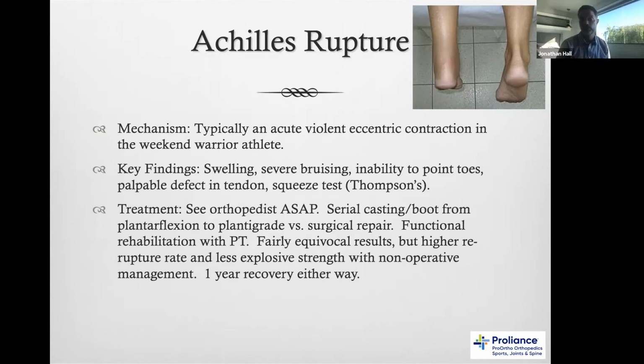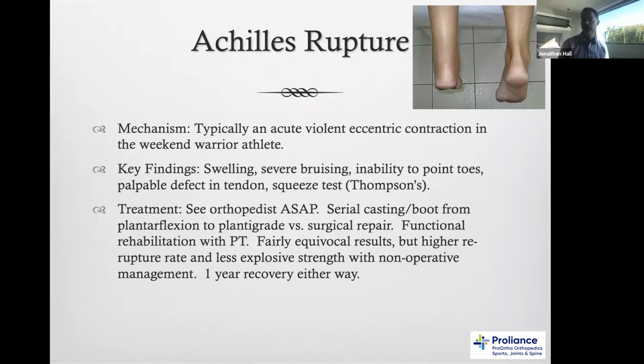I always think about one of my family friends way back when, who was pushing his car up a hill. Probably needed a little more help, I would assume. But when he did that, he ruptured his Achilles as he was pushing his car and extending his Achilles. And that's pretty classic. Oftentimes people describe that they've been shot. They feel like, did somebody kick me, right?